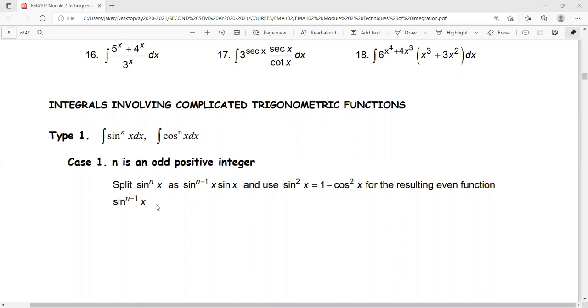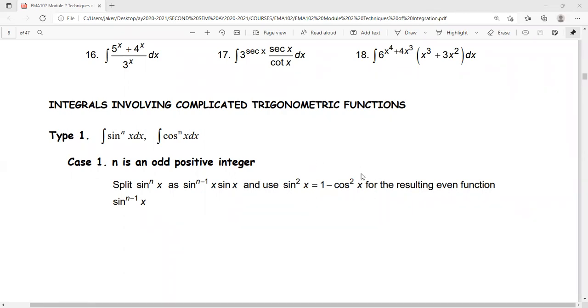Since it is odd, you take that particular one function raised to 1 and the rest of your original function will be raised to an even exponent. Then what would you do with that function raised to an even exponent? You use its equivalent identity.